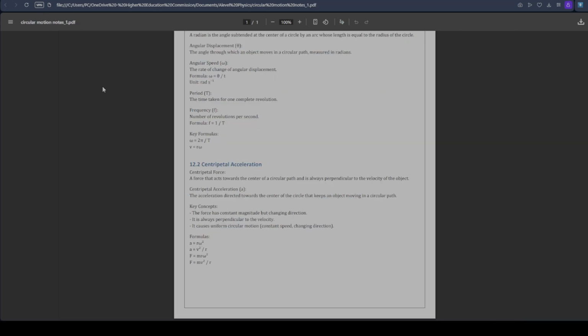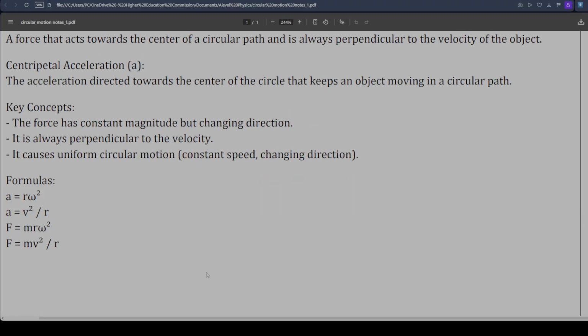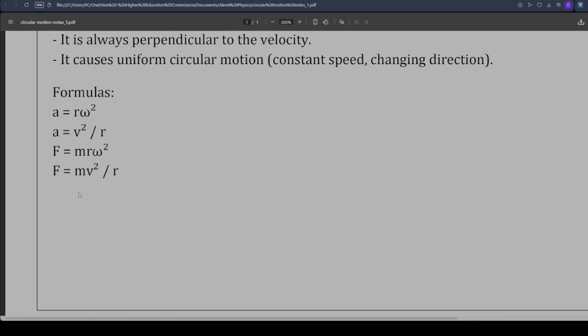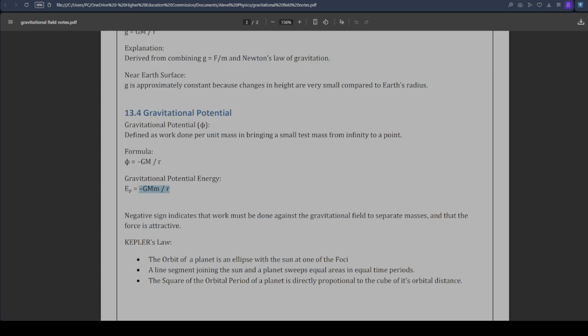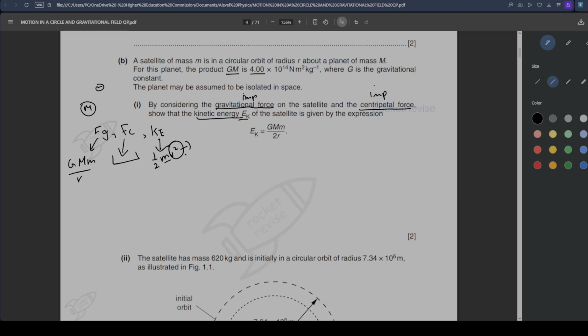तो हम जाके अपनी centripetal force के formulas को देखेंगे, and you can see कि this formula mv square divided by r, इसके अंदर v square है, so this is the formula we're going to be using. So since it has v squared, the formula for centripetal force which we're going to use is mv squared divided by r.